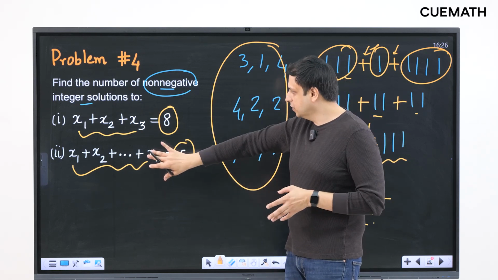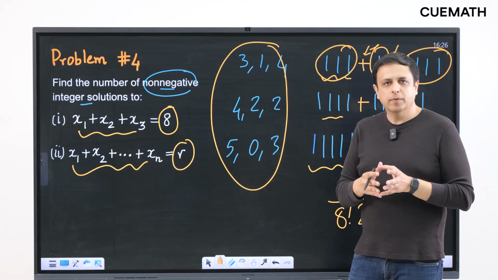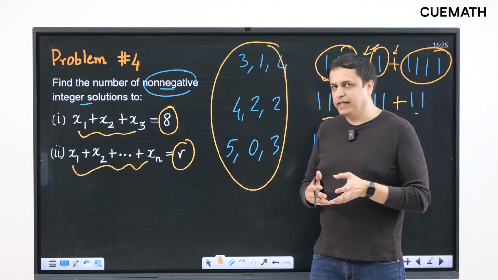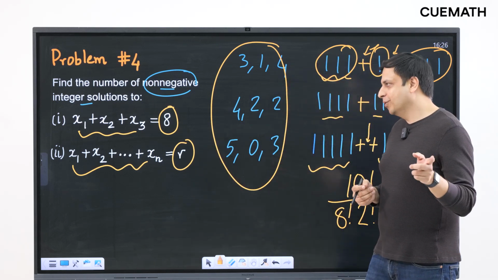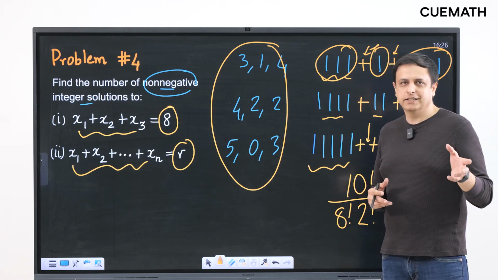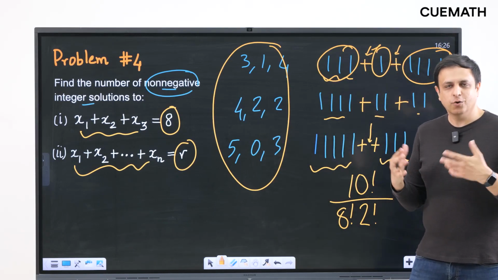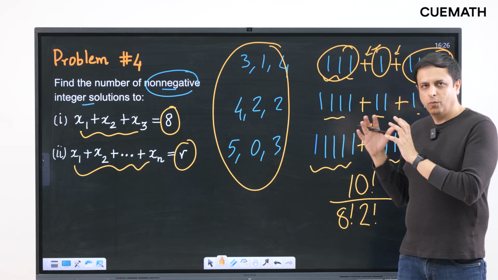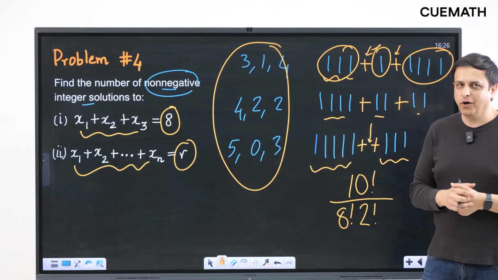So to count the number of solutions to this equation, all we need to do is to find the number of permutations of a string which has r ones and n minus 1 plus signs, and you can do that on your own. I want you to work it out and share your answer in the comments. So that's it. That is this whole theme of transforming one counting problem into a different counting problem that makes our job a lot easier.